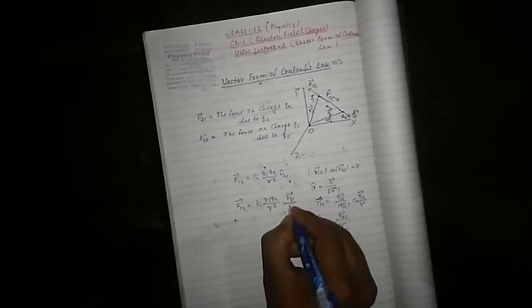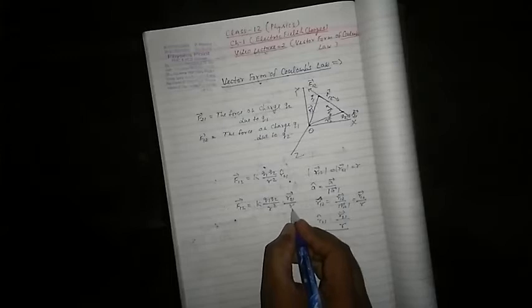So if we put this here, F12 is k q1 q2 by r square times the vector r21 by r.